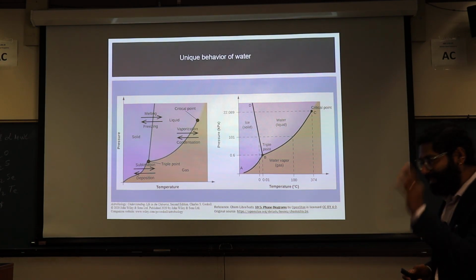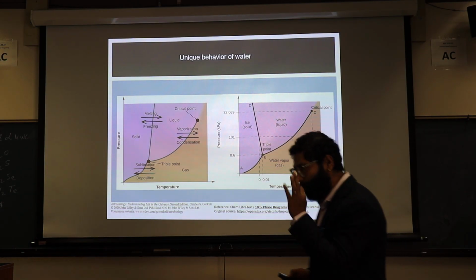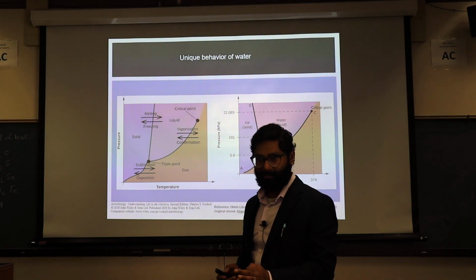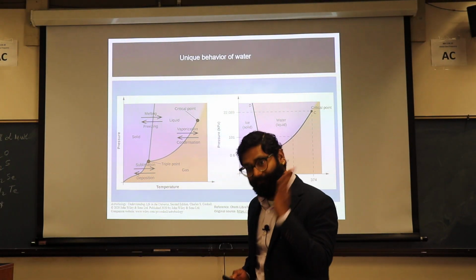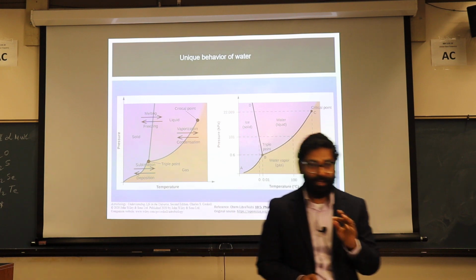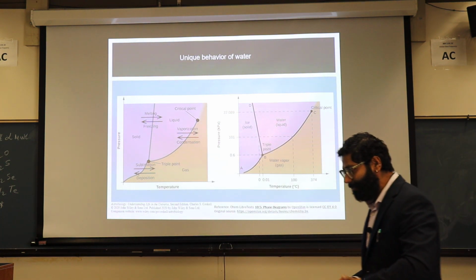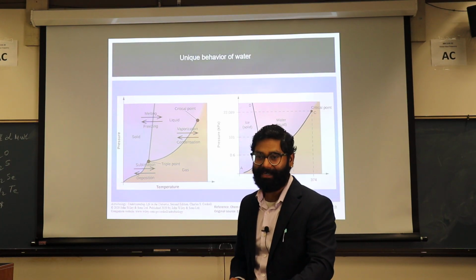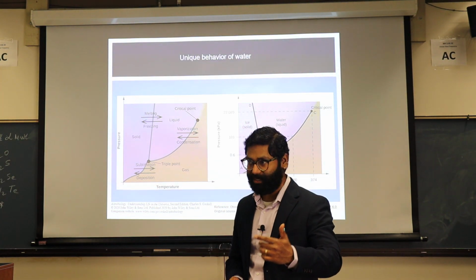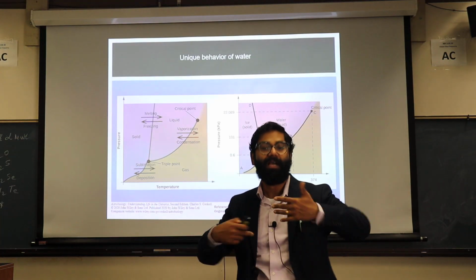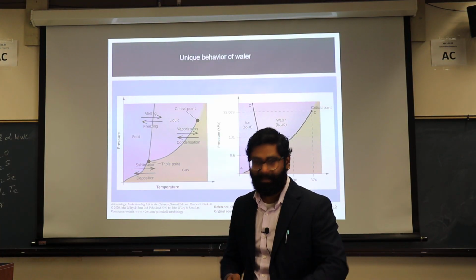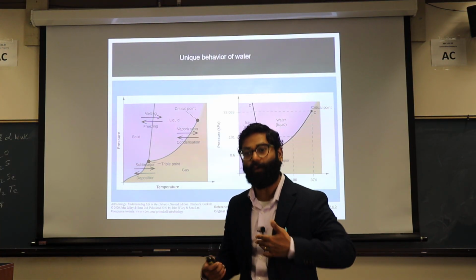But the densest that water can get is at 4 degrees Celsius and not at 0 degrees Celsius. So if you have a liquid that is at 10 degrees Celsius, you lower the temperature, it becomes more dense. So colder it becomes, the more dense it becomes. 6 degree, 5 degree, 4 degree.